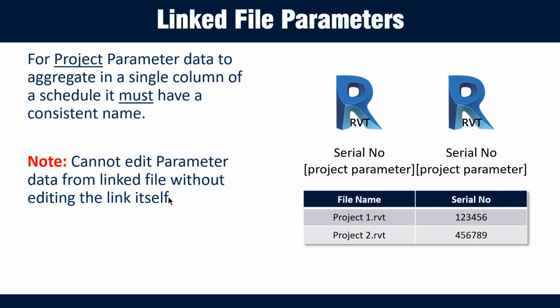Have you guys noticed that? Okay, that's a big, big deal. What's a bummer? Well, no, it's not a bummer, right? Because you'd be editing somebody else's model. But when you schedule that information, if you click in some of the fields and you cannot edit it, that may be one of the reasons why, because it's from a linked file.